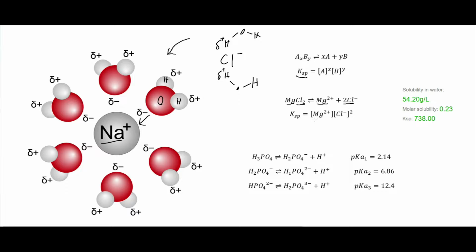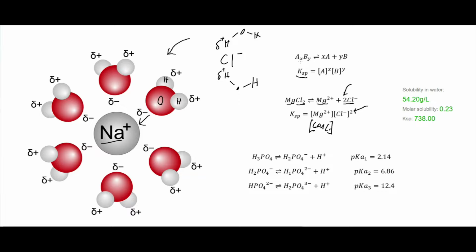In chemistry, when you have square brackets like that, that usually denotes concentration. So we have the concentration of each of these, the magnesium and the chloride, and then we raise it to the power of this coefficient here.